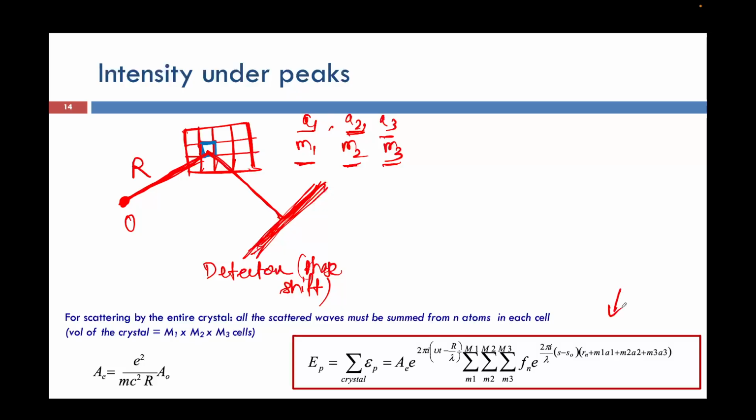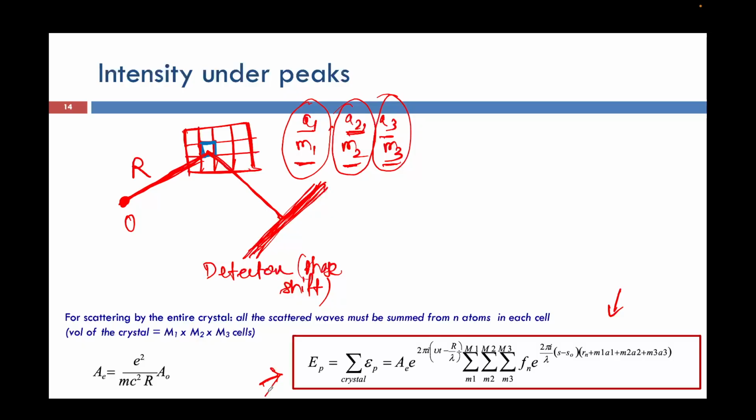So I will be getting this when I take all the electric vectors in wave form. Here you can see I have taken all the electric vectors in wave form, and when I do the derivation of all those things, what will be the position of the vector after M1 unit cells, what will be the path difference or the phase shift after M2 unit cells in the A2 direction, and what will be the path difference after M3 unit cells in the A3 direction, I will come up with a big expression like this.